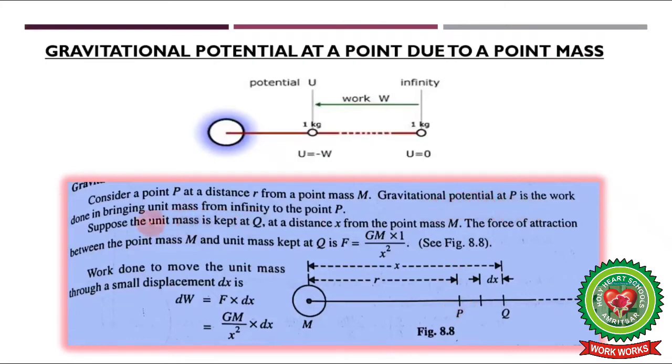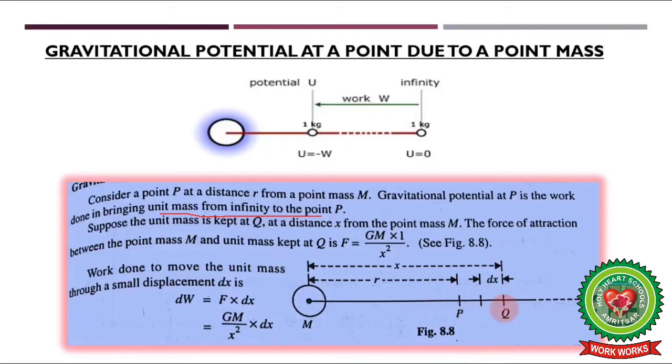Gravitational potential at P is the work done in bringing unit mass from infinity to the point P. Let this point be Q, which is at infinity, and we are taking that mass from Q to P. The amount of work done in bringing this mass from Q to P is called gravitational potential.